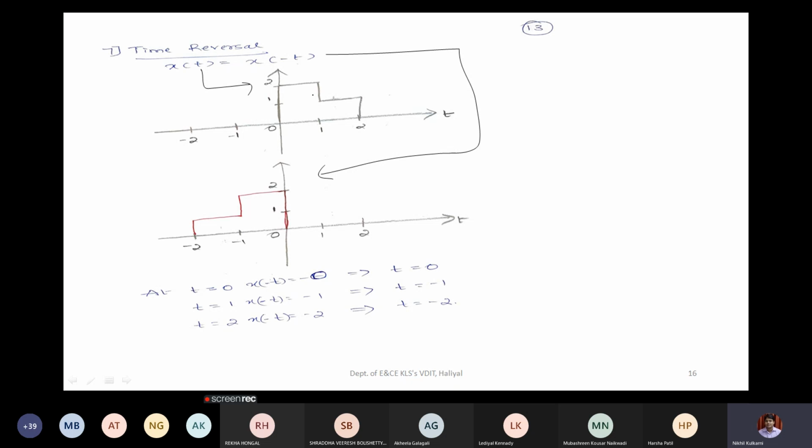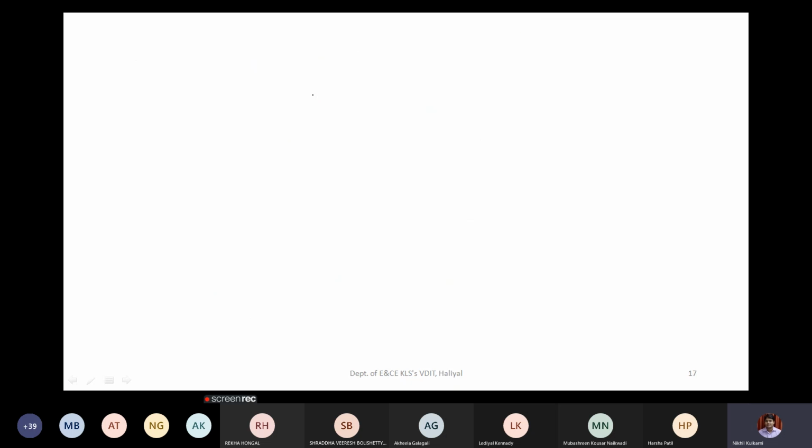But we are already familiar with a few signals, a few waveforms, right? That is, we are familiar with the unit step function, that is u of t, which is equal to 1. Okay. Now, if I ask you based on the previous discussion, what will be minus u of t?